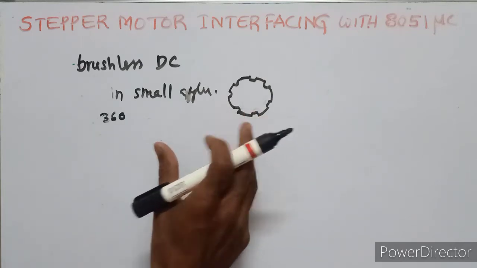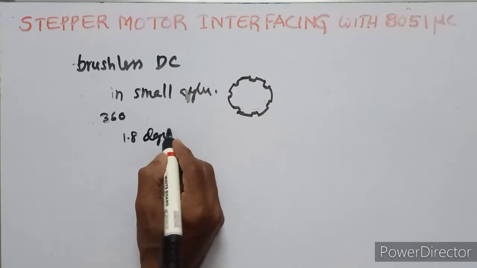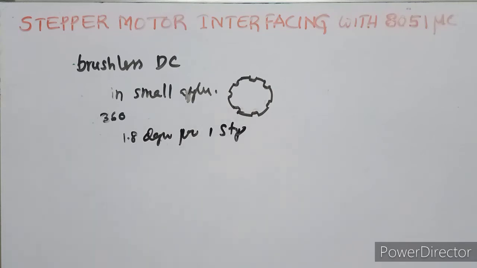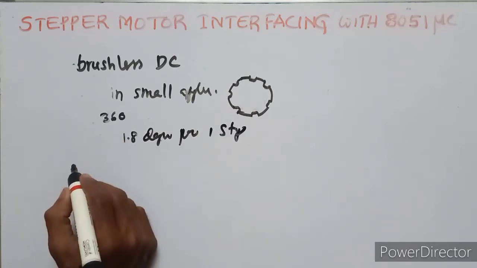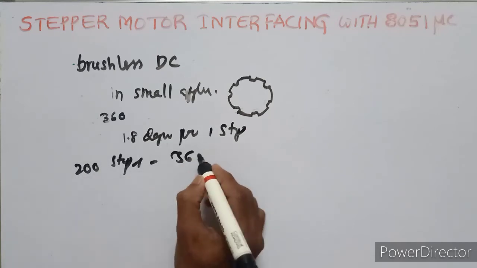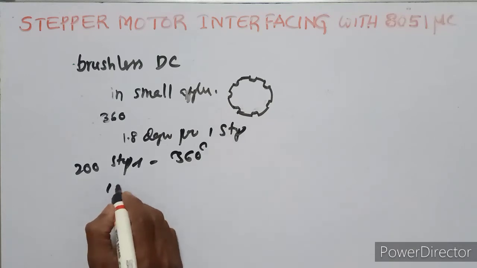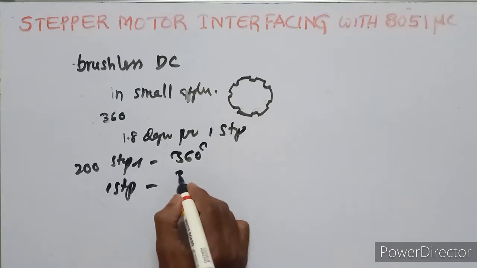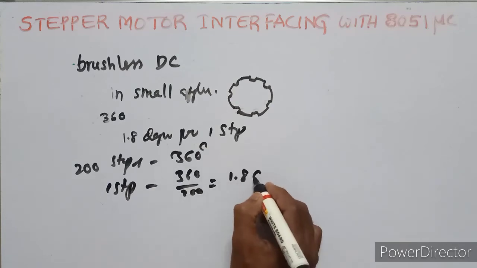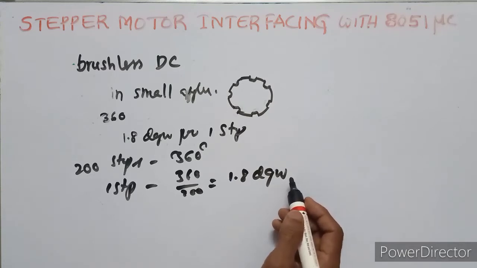It means it rotates 1.8 degrees per step. That means 200 steps complete a 360-degree rotation. One step is 360 upon 200, that is 1.8 degrees per step.